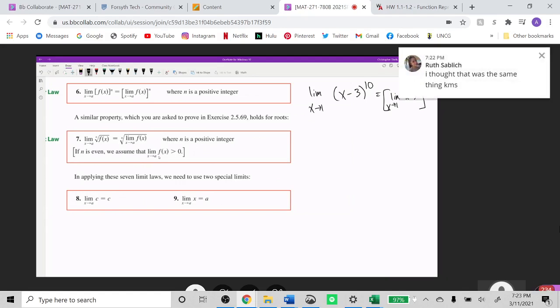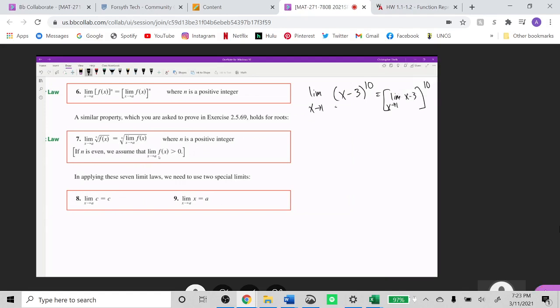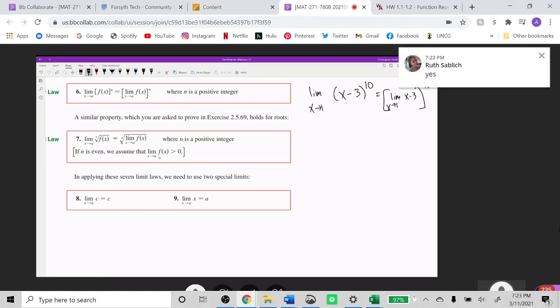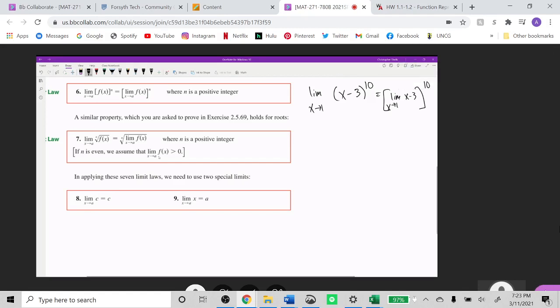Does that make sense? So this one's the function being raised to a power, right? On the right-hand side, it's the numerical answer of the limit being raised to a power. And it's often going to be easier for us to find the limit and then raise that number to a power.